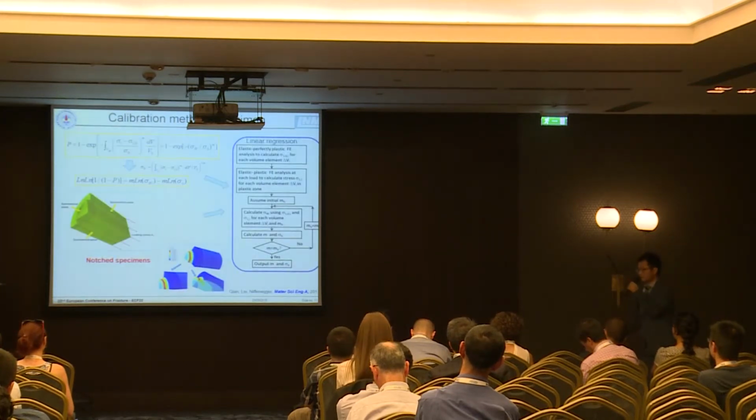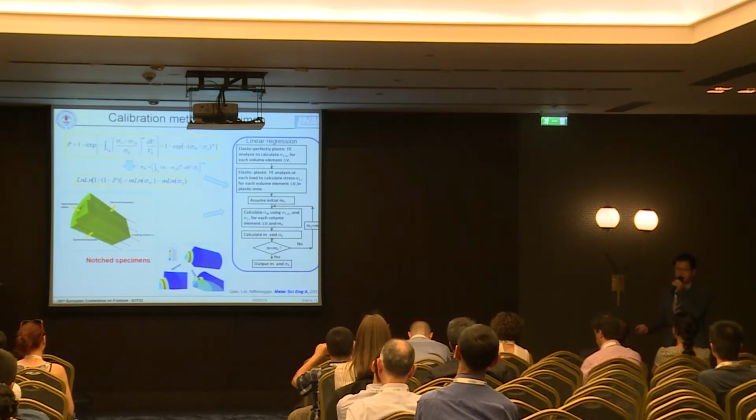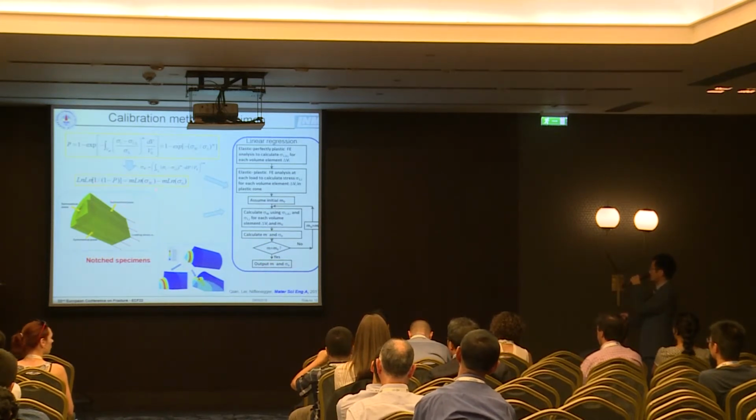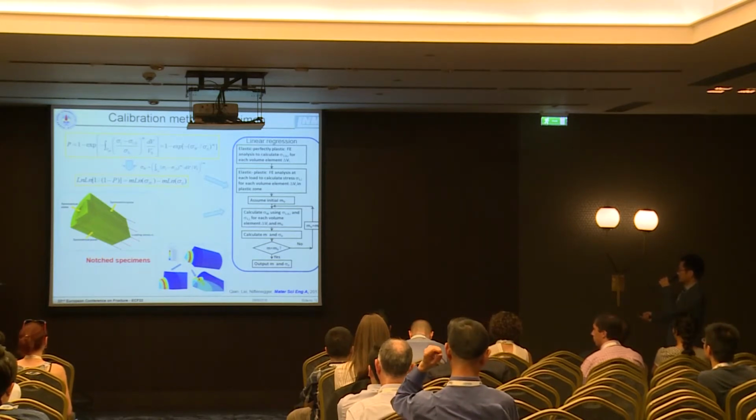So we now have our own model, and we also have to calibrate it before we can apply it for engineering application. In order to calibrate it, we take two times the logarithm, and we can see that Pf and sigma W follow a linear regression. And then we use this linear regression method for the calibration.